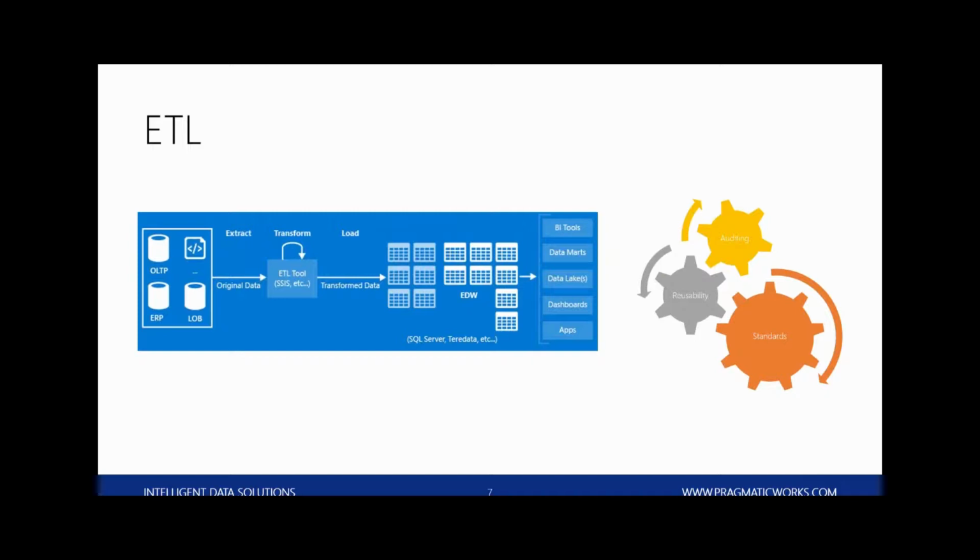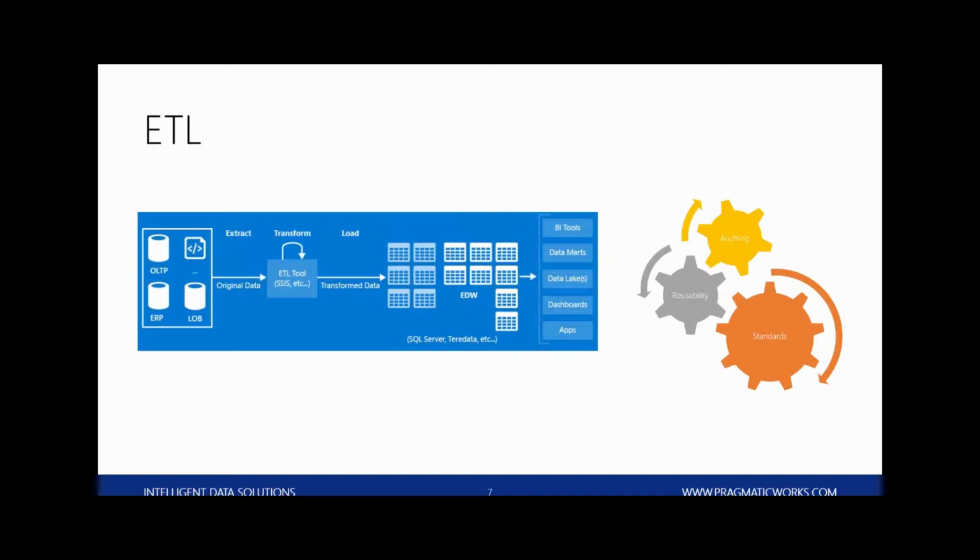So in optimizing this area, I think it's all about standards, reusability, and auditing. Your goal with your ETL processes and systems should be to come up with a standard set of naming conventions and a standard set of design patterns, so that everyone is developing as similar to each other as possible. One of the most frustrating parts of troubleshooting ETL processes is when everyone is doing everything their own way, the way they like to do it.